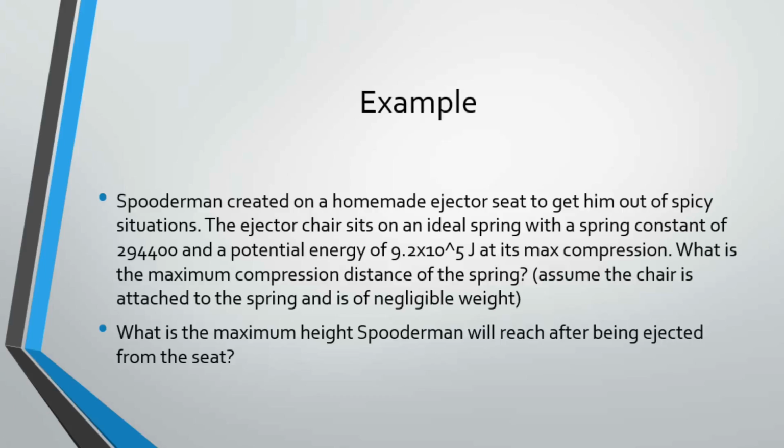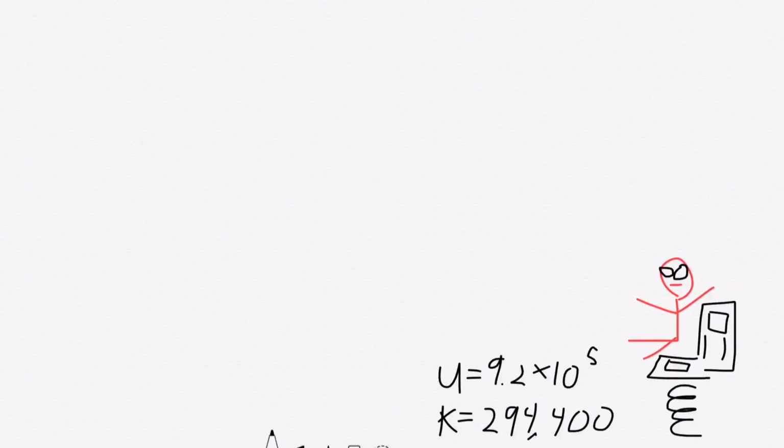So let's test out a fun little example to work with some springs. And remember that Spooderman's mass is 85 kilograms. So the first thing we want to do is write down our givens, which are U equals 9.2 times 10 to the fifth, and K equals 294,400.